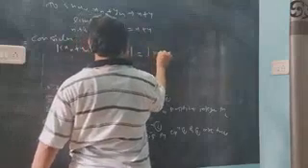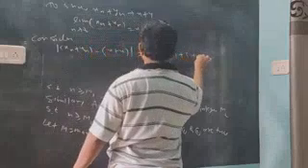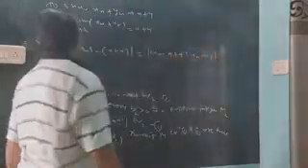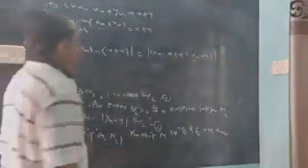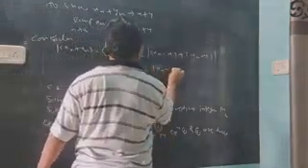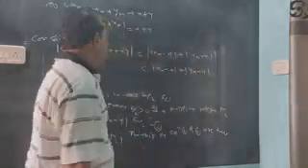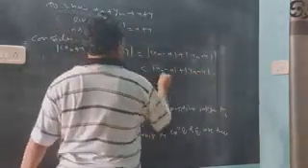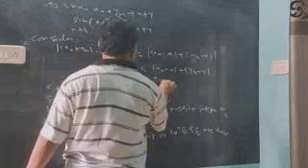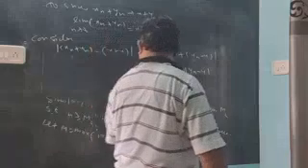This is the same as xn minus x in one bracket and yn minus y in a second bracket. Mod separately: mod of xn minus x plus mod of yn minus y. Mod of xn minus x is less than epsilon by 2, and this is epsilon by 2, so the total is epsilon.